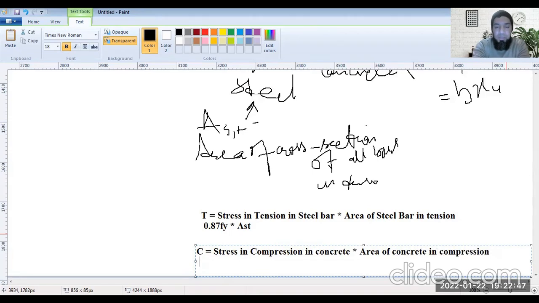I just told you this is 0.447 FCK. The stress, the ultimate stress which we are taking for design purposes, into area of concrete, which I just told you is B into XU.